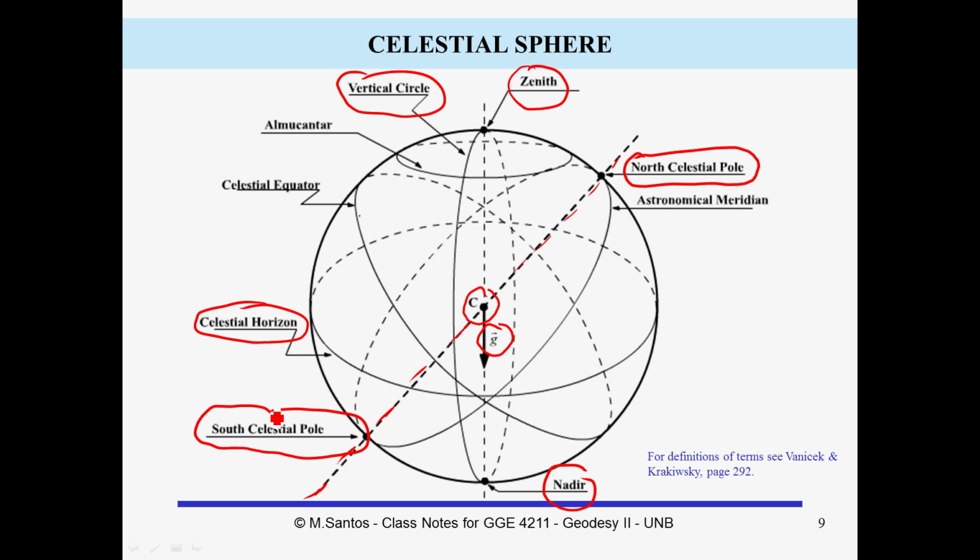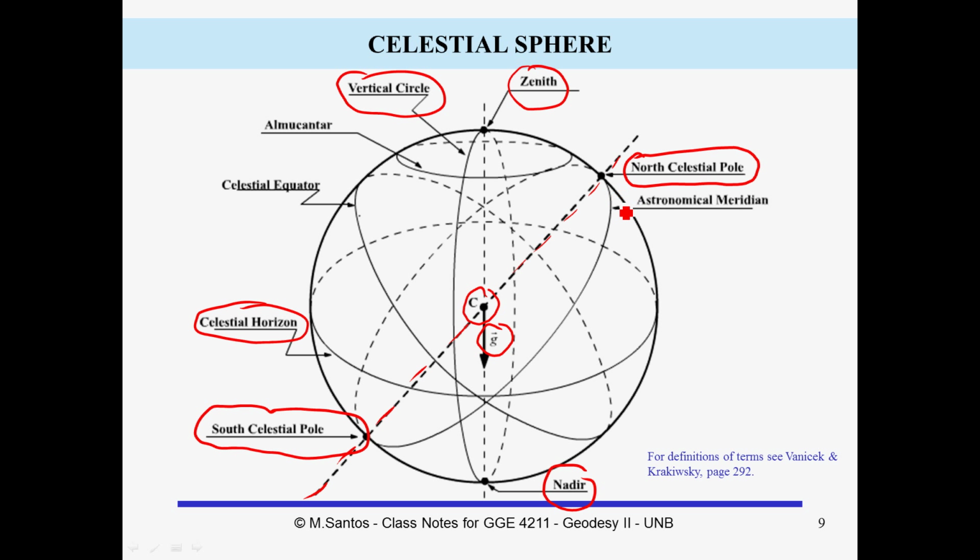Now of course this is our situation here in North America. If you go down to the southern hemisphere, it's going to be the opposite. The south celestial pole will be visible, and the north celestial pole will be hidden, and all the stars will basically be circling around the north celestial pole in their apparent movement.